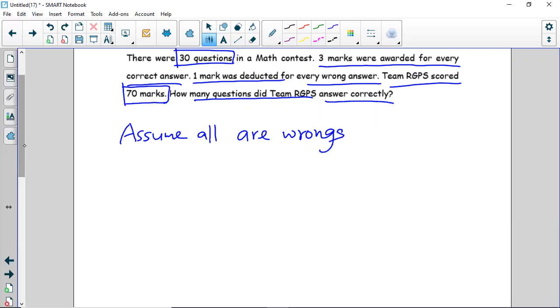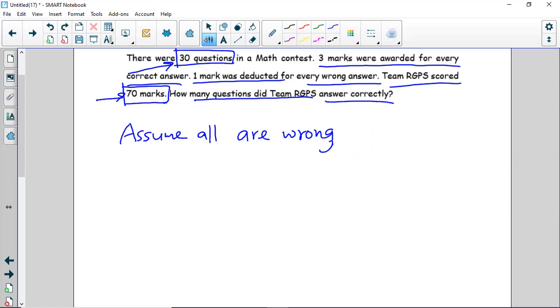All are wrong. So do we use the total marks, or do we use this total? Now, if you say 70 marks, assume all the marks are wrong, it doesn't make sense. How can marks be wrong, right? So it has to be assume all the questions are wrong, which is 30, not 70, right?